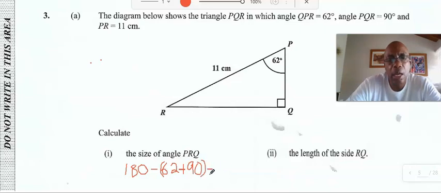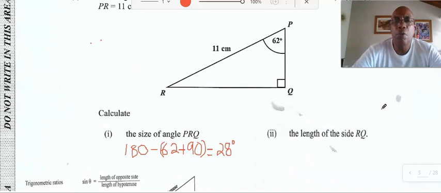And so, calculator work. When you do that, you should get the answer as 28 degrees. And that is part 1.